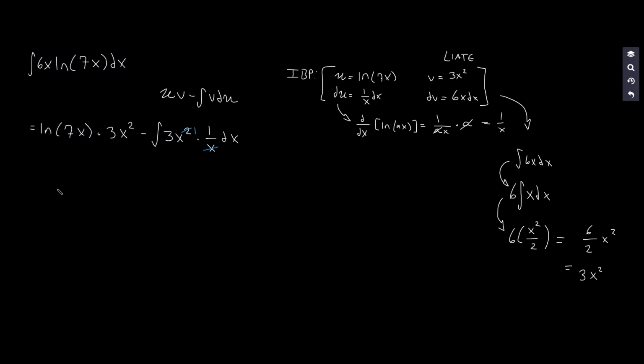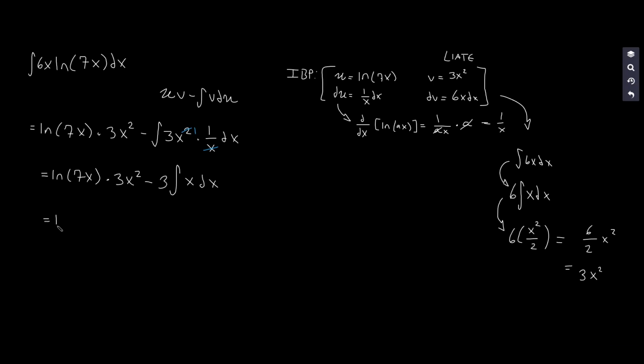And then we're going to end up getting ln of 7x times 3x squared minus, I could factor out that 3, the integral of x dx.